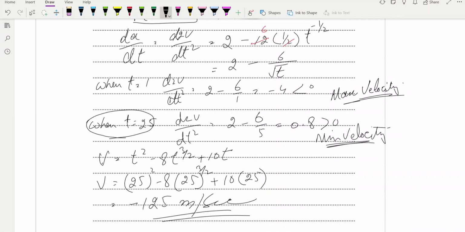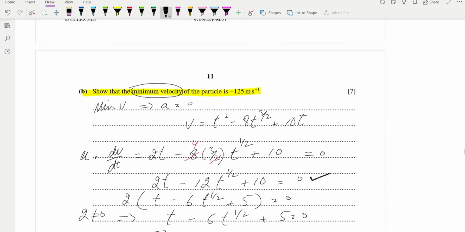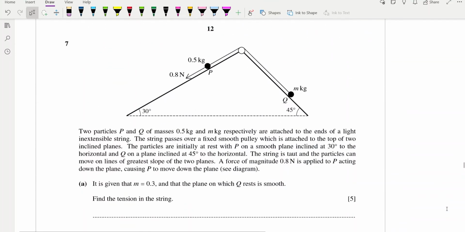This is what we needed to prove. This was a 7-mark question which we are done. Hopefully you understood this.